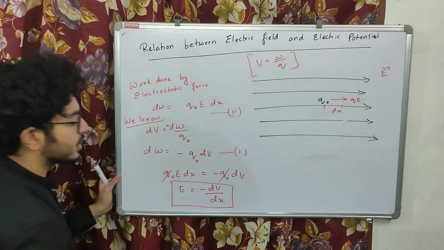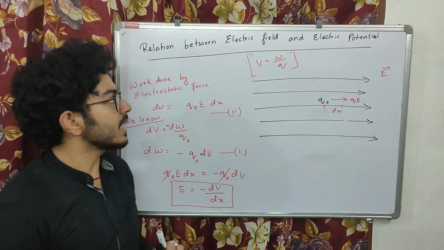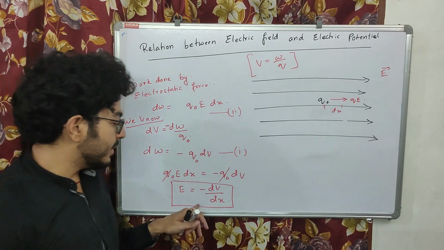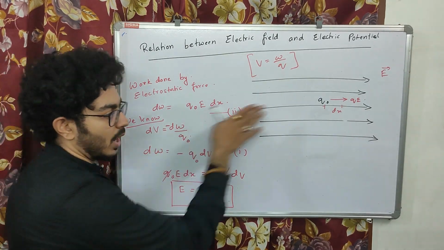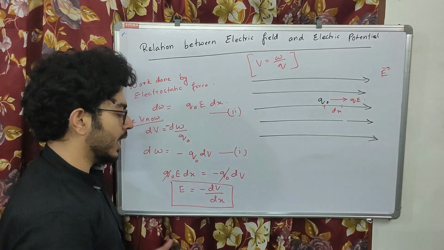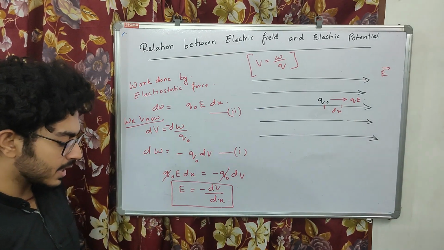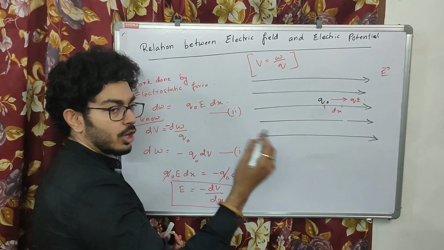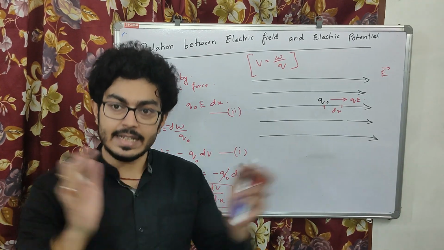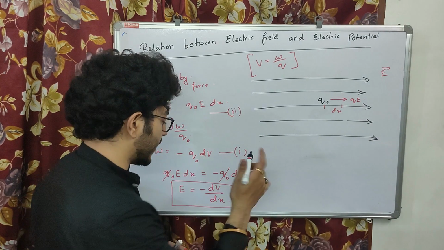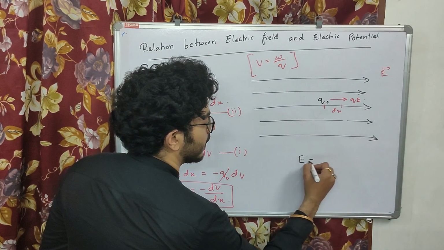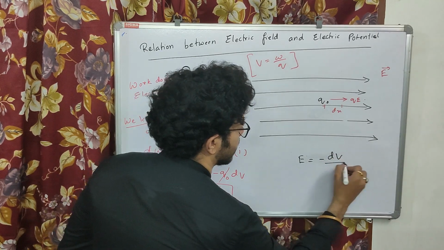This is the relation between electric field and electric potential: E is equal to minus dV by dx. As I have considered one dimension, the x direction, I have put dx, but in radial format, that is in any direction, we consider it as r. So the electric field is equal to minus dV by dr.